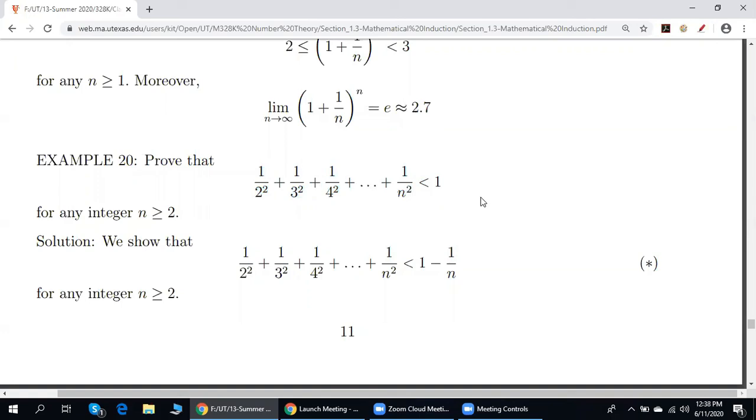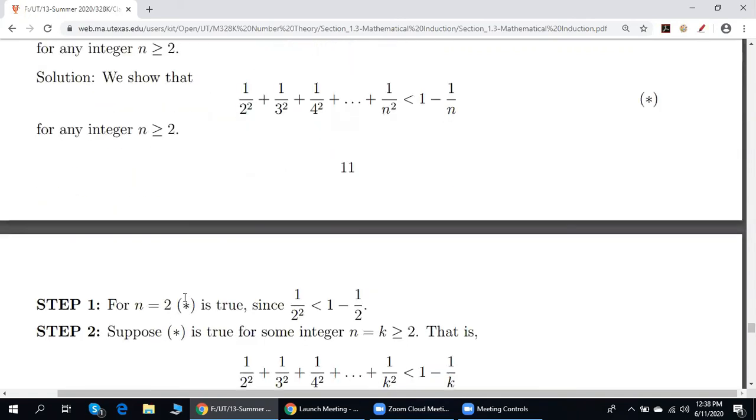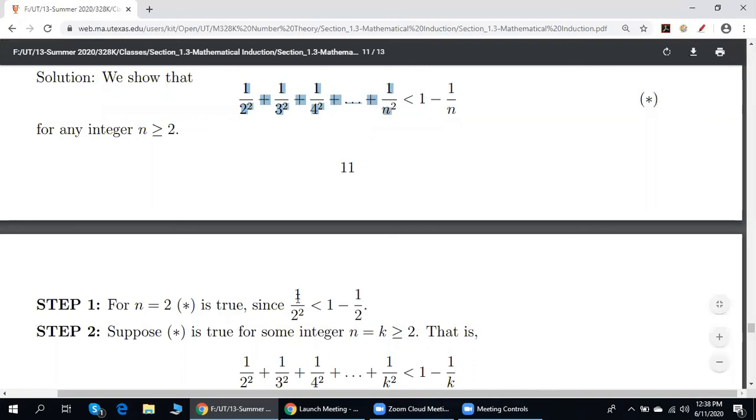And now let us use math induction to prove this inequality. Let us show that this inequality is true for any integer n greater or equal to 2. Step 1. For n equal to 2, this is true. Because if n is equal to 2, the left-hand side becomes 1 over 2 squared. The right-hand side becomes 1 minus 1 over 2.